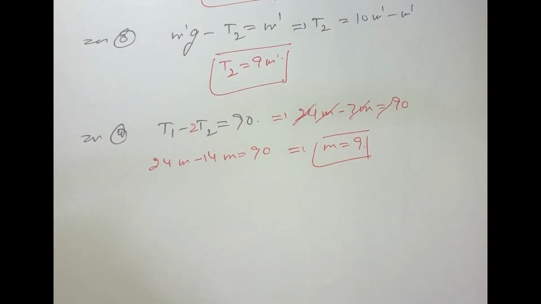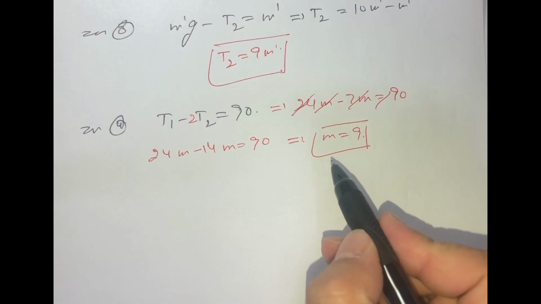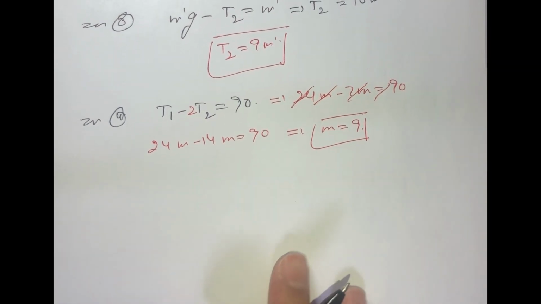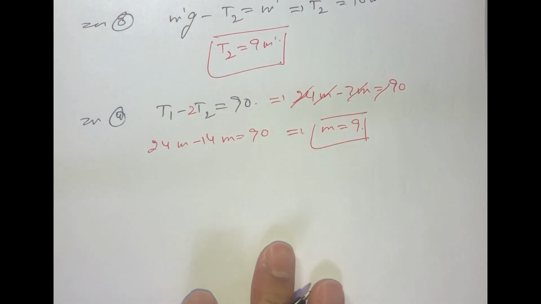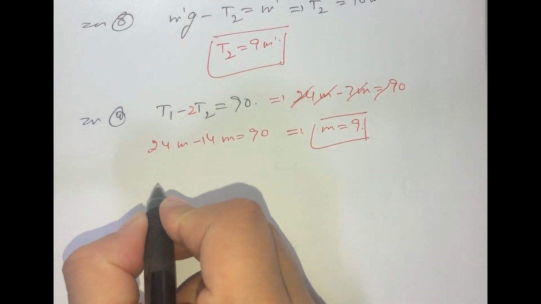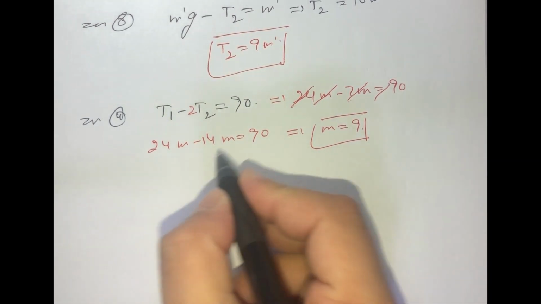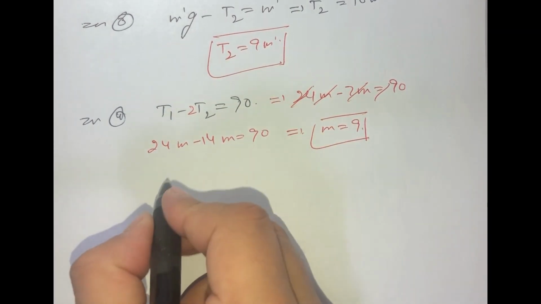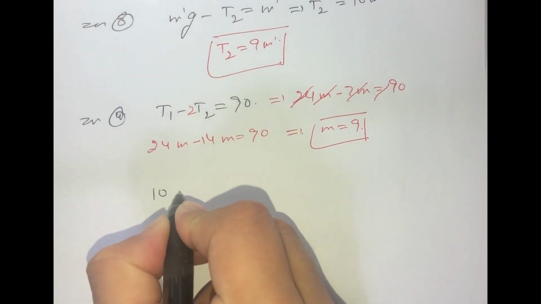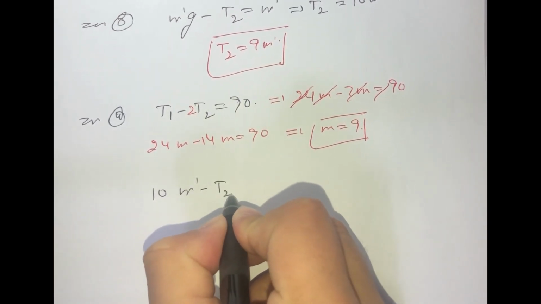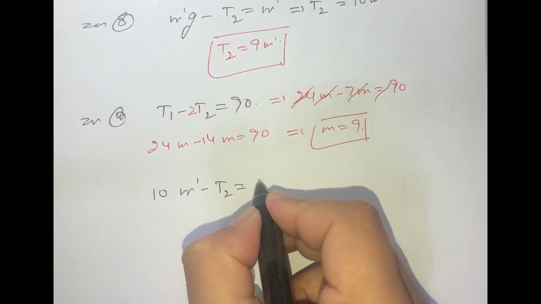And we can also write the equation, substitute the value, so we get 10m prime minus T2 is equal to m prime.